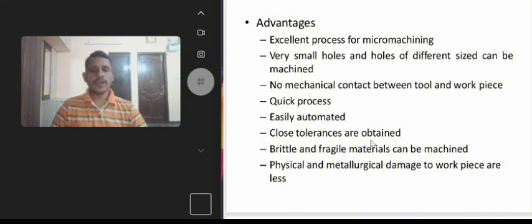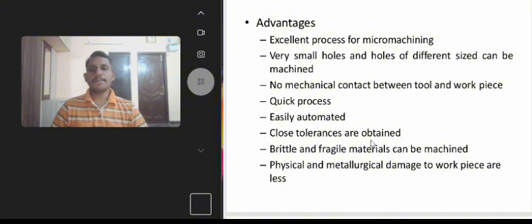It is a quicker process. Harder material can also be machined at a faster rate than conventional machining. Electrically conductive material can be machined.